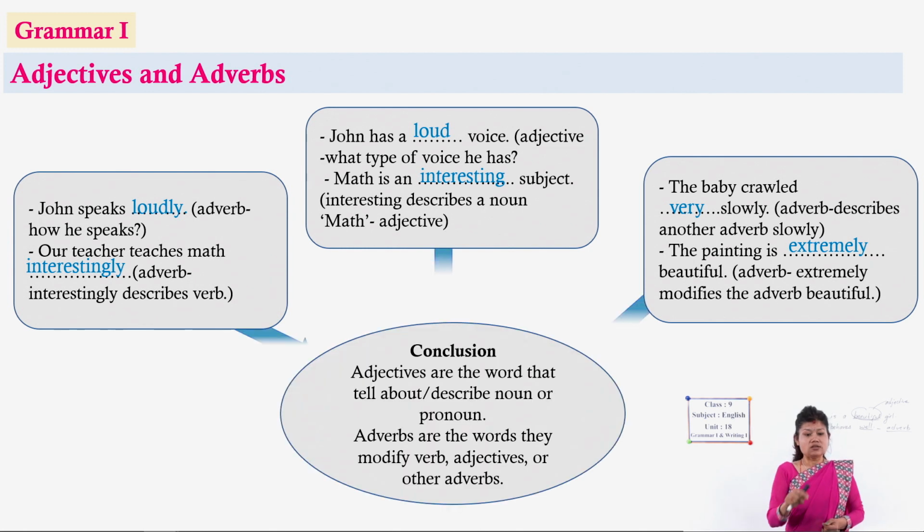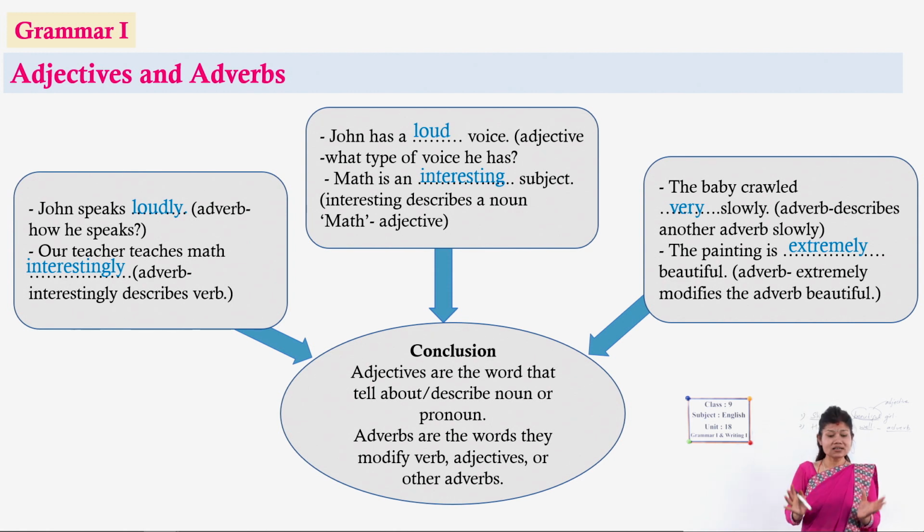From these examples we can conclude like this. Adjectives are the words that tell or describe a noun or pronoun, but adverbs are the words which modify verbs, adjectives and even adverbs.